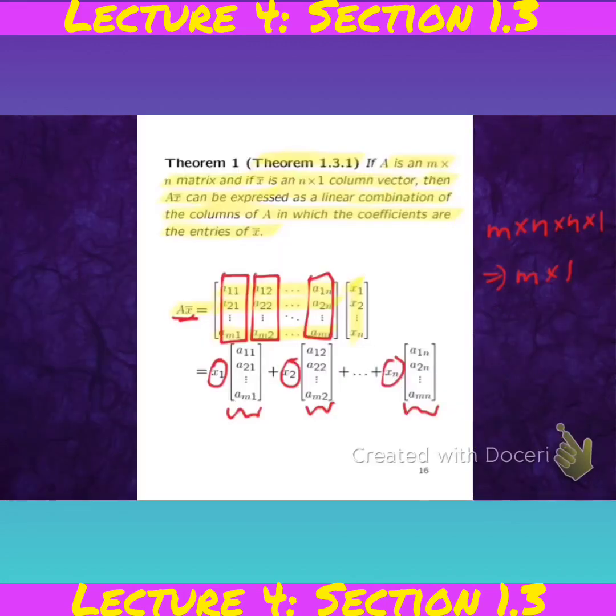Okay, so going back to this theorem, again, we just showed that if you take the product of A with a column vector, then the column vector that you get by multiplying A with X is a linear combination of these column vectors of A, and the coefficients come from this column vector that you're multiplying the matrix A with.